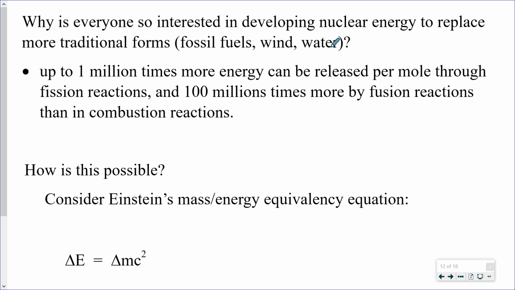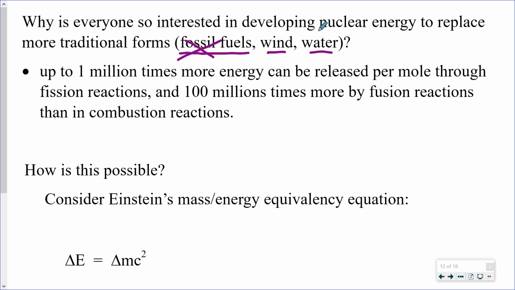So compared to traditional forms of energy that we use to generate electrical energy, fossil fuels, of course, many drawbacks associated with the fossil fuels, the pollutants that are put into the atmosphere leading to acid deposition, carbon dioxide, contributing to global climate change. So we're really trying to eventually eliminate our use of fossil fuels in terms of generating electrical energy. Other traditional forms, wind energy, wind turbines, water or hydroelectric.